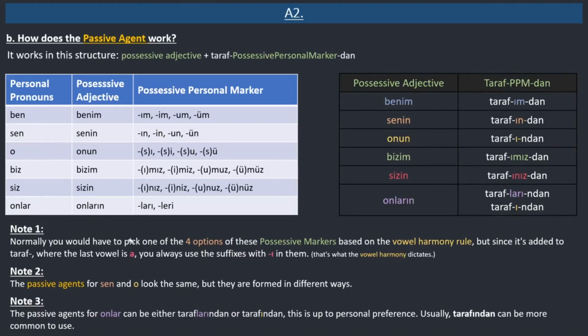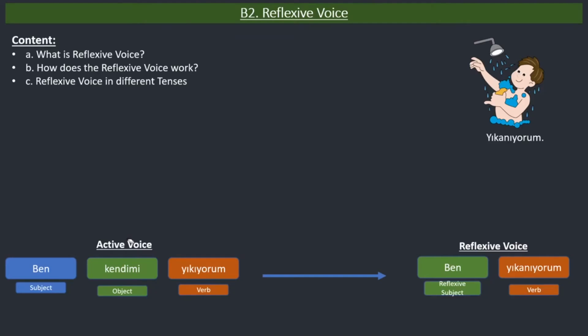Okay, and next one. Oh, we finished the passive voice. If there's a question, I can answer it. If you are still confused, we will do exercises. You can join that, and there will also be homework tomorrow, so you can still practice that.